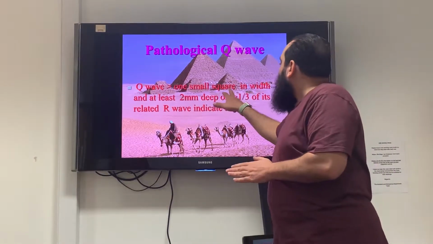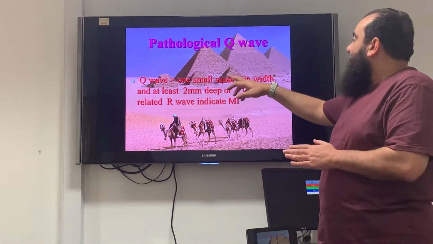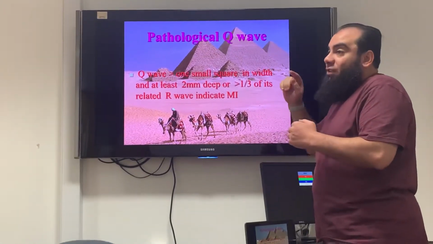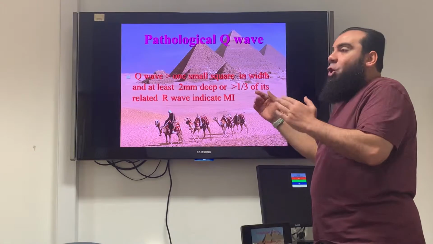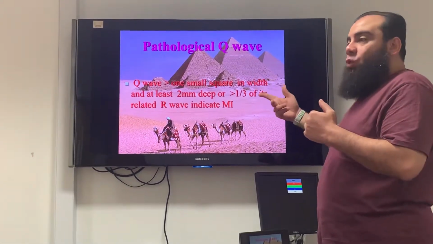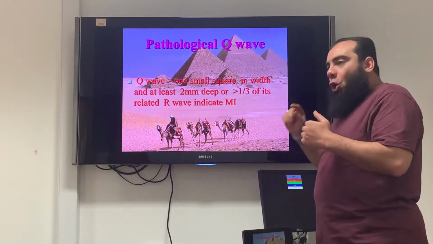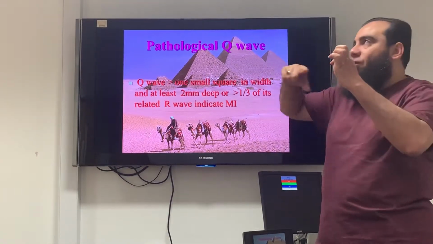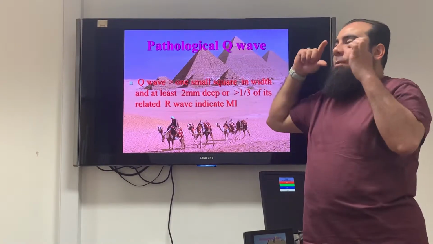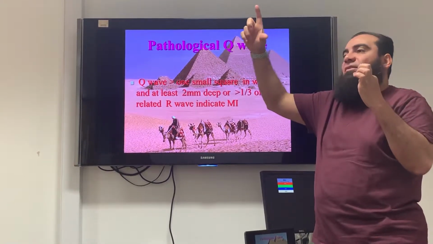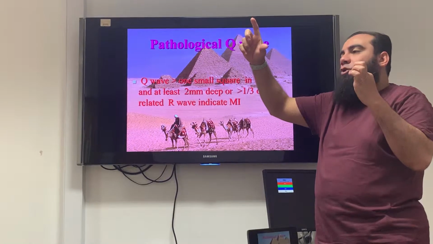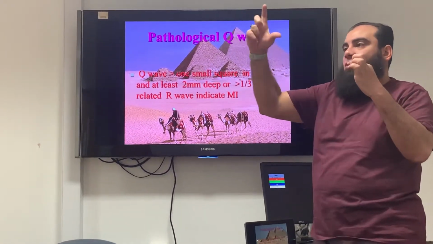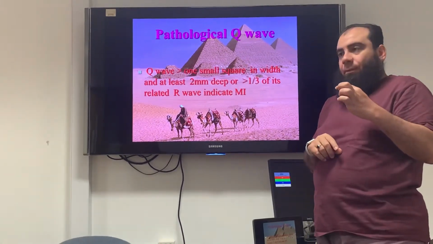So a Q wave one small square in width and at least 2 millimeters deep, or a third of the R wave, means pathological. If it is more than one small square wide, or deeper than 2 small squares, or in other words more than 1/3 of its related R wave, the Q wave followed by an R wave. For example, if the R wave is 6, then 1/3 of 6 is 2, so if the Q is more than 2, this is considered pathological.